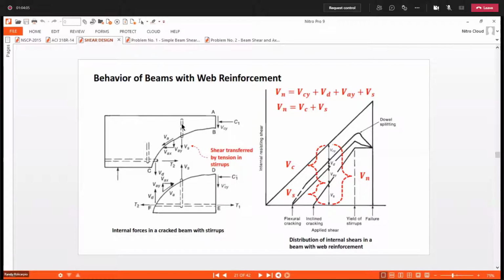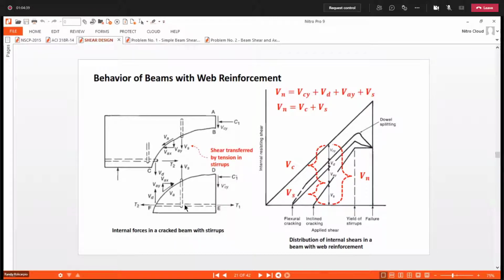Now, if we put a shear reinforcement here, the force of the shear reinforcement that resists at the crack is actually a tension force.